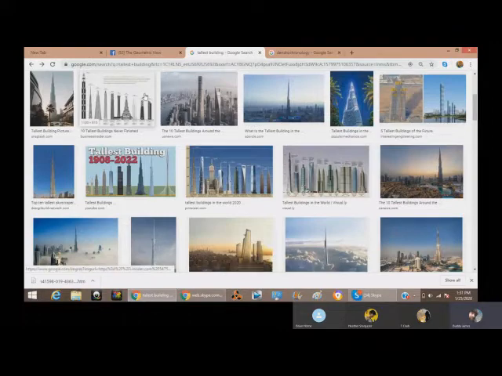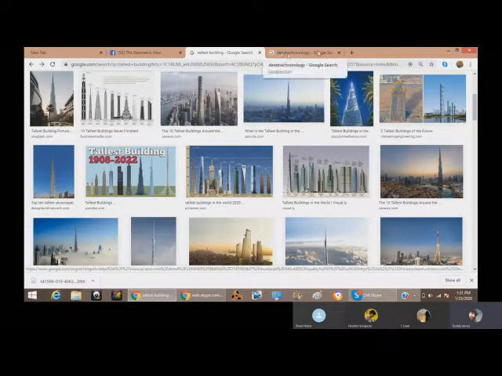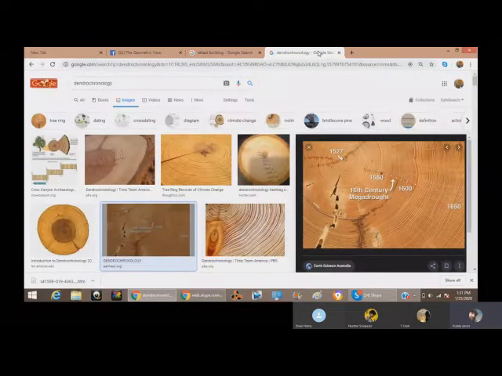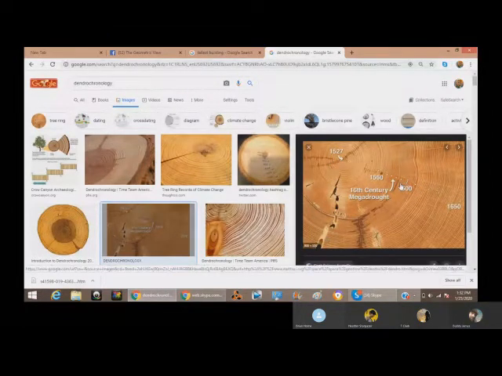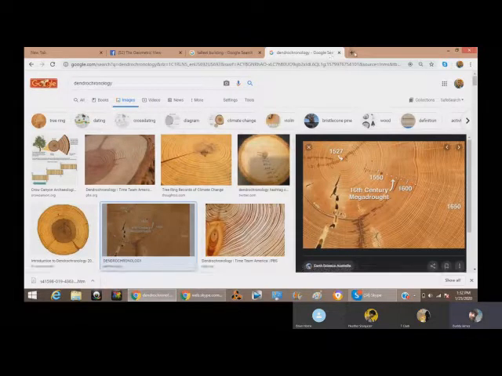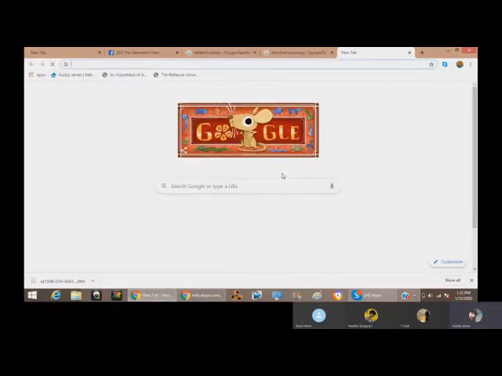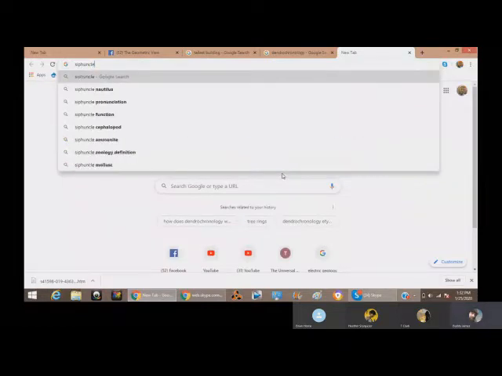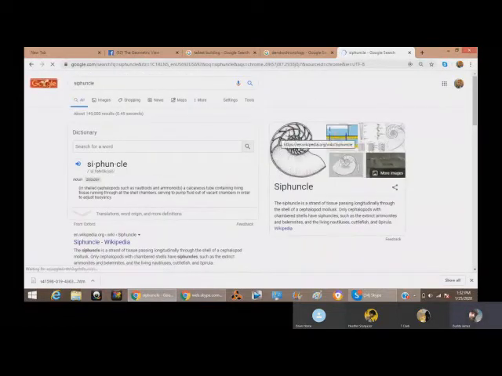So if you think about more things, we went through dendrochronology, staying on topic and moving forward. Vines do the same kind of thing here. A siphuncle is the center hole that the mollusk or cephalopod lives in and holds on to, and that's really cool.